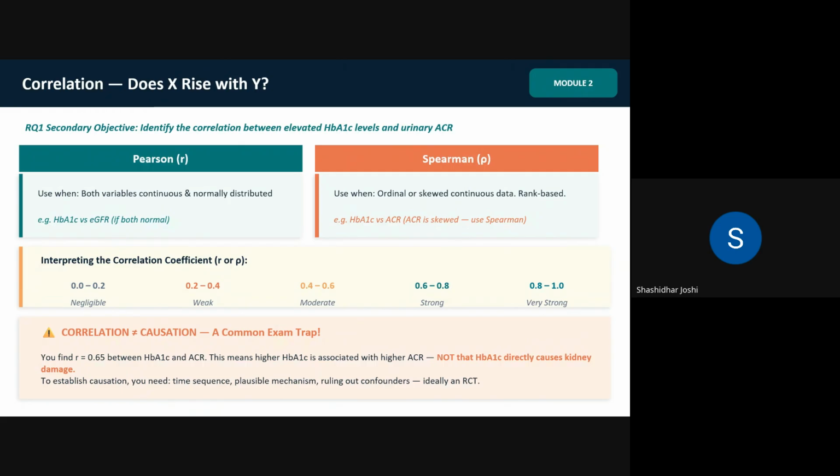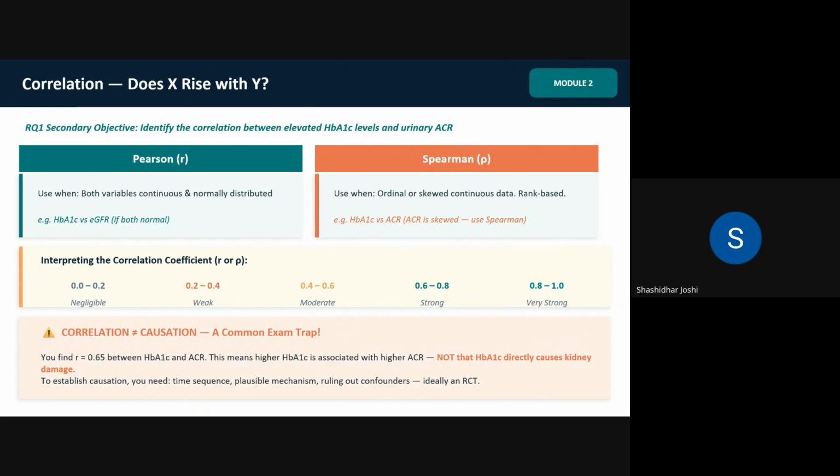Now, the interpretation of the correlation coefficient: the correlation value takes a value between 0 and 1, not beyond that. That's how the correlation coefficient is measured.